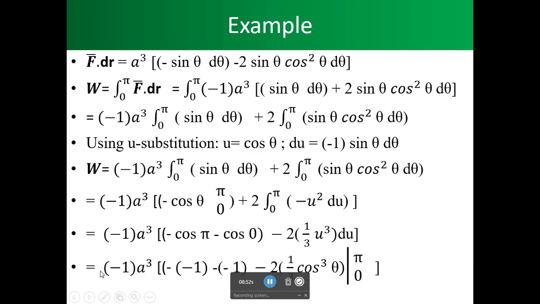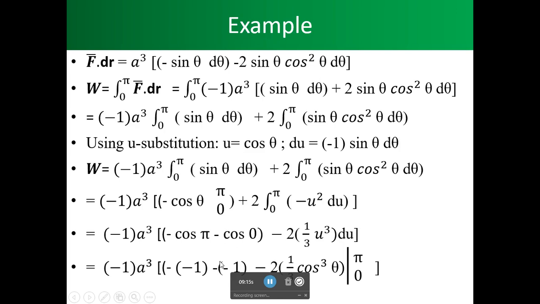And so next we have the constant again, and then we have the cosine of pi, it's a minus 1. Remember, there's a negative all the way out front.